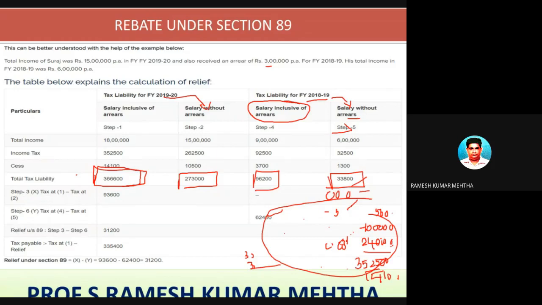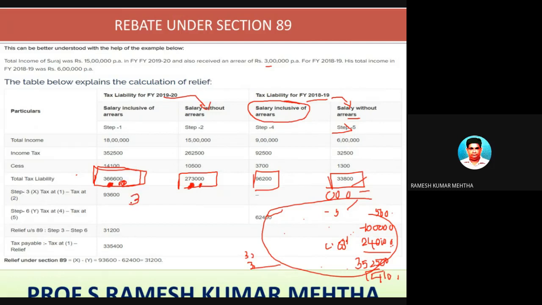Next step is you have to deduct this amount from this amount. 2,73,000 should be deducted from 3,66,600.